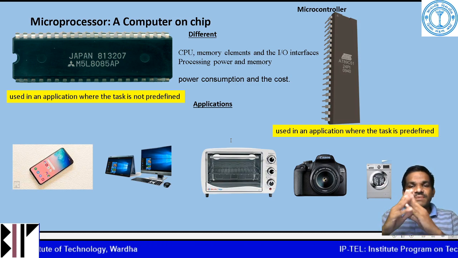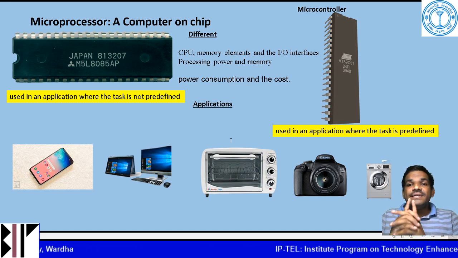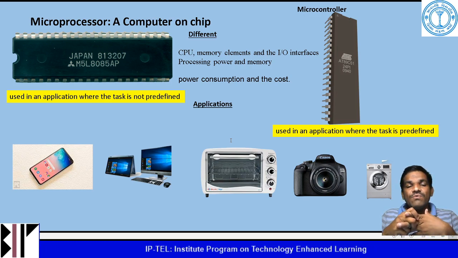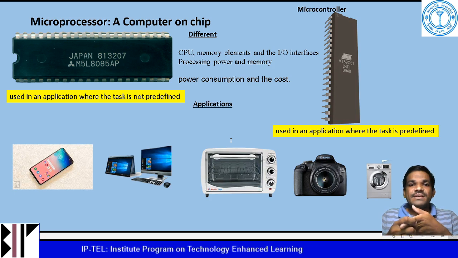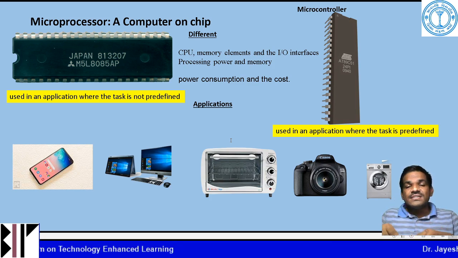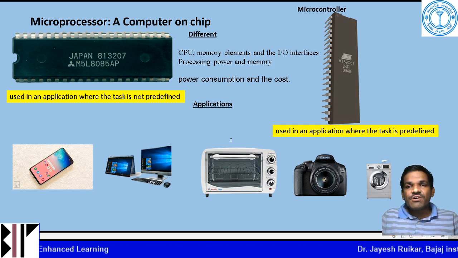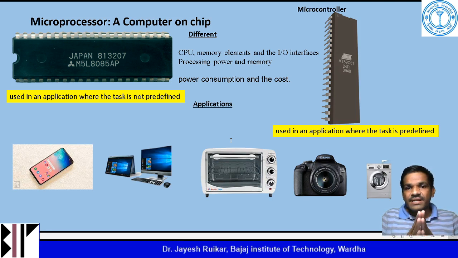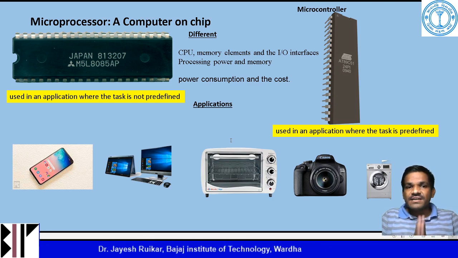Examples of microcontroller applications are the digital camera, washing machine, or even a microwave oven, etc. There are so many applications of microcontrollers. If you see all these devices, the task which is going to be performed is predefined. So in a microprocessor system, there is no predefined task, whereas in a microcontroller, there is a predefined task.